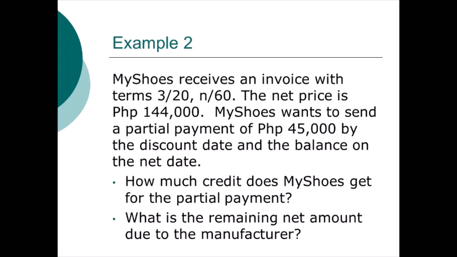The net price is 144,000 pesos. My Shoes wants to send a partial payment of 45,000 by the discount date and the balance on the net date. Two questions again. How much credit does My Shoes get for the partial payment? And what is the remaining net amount due to the manufacturer?